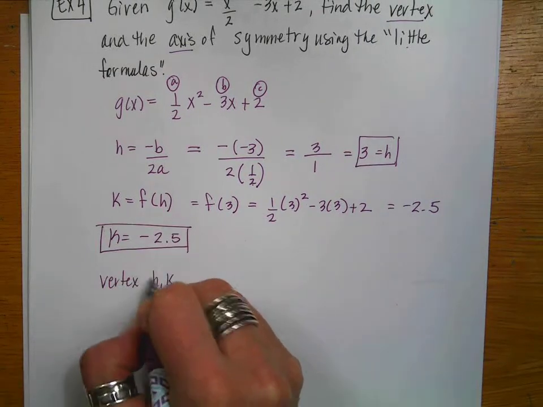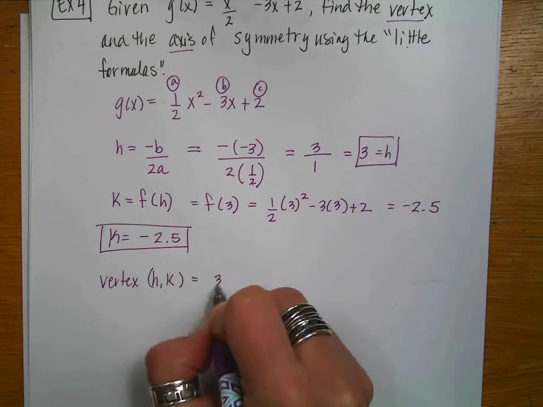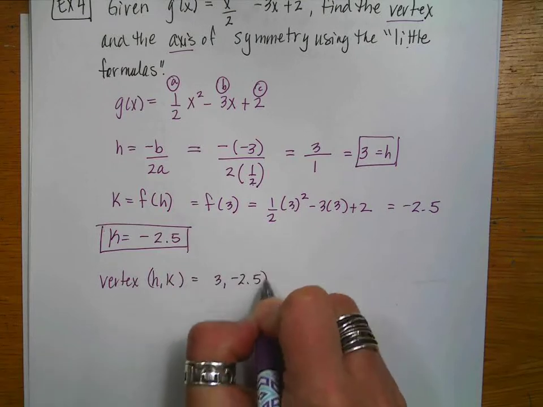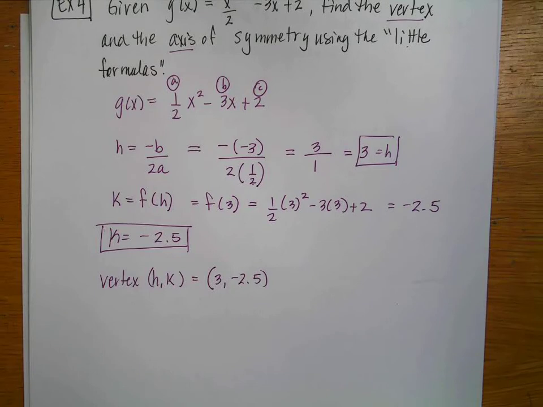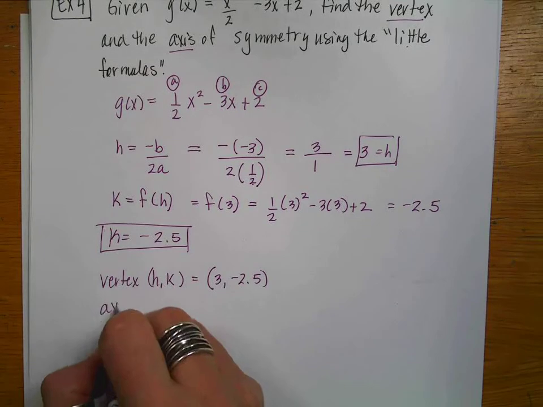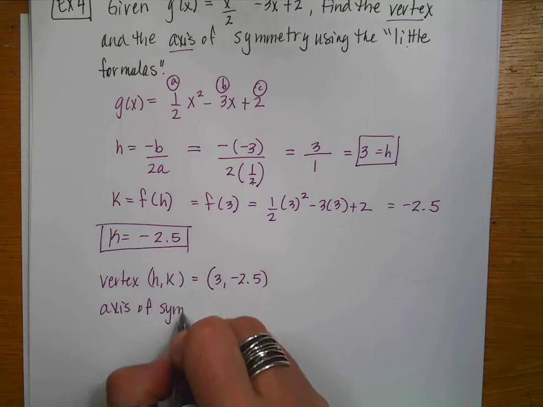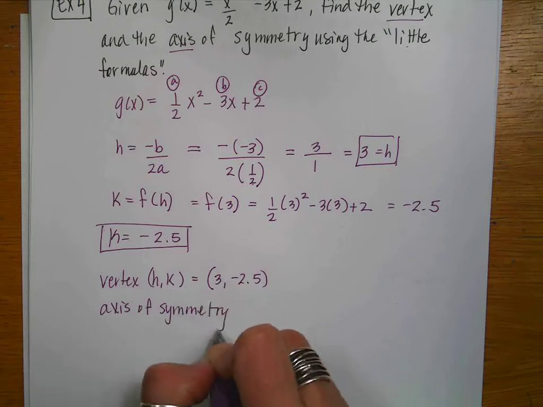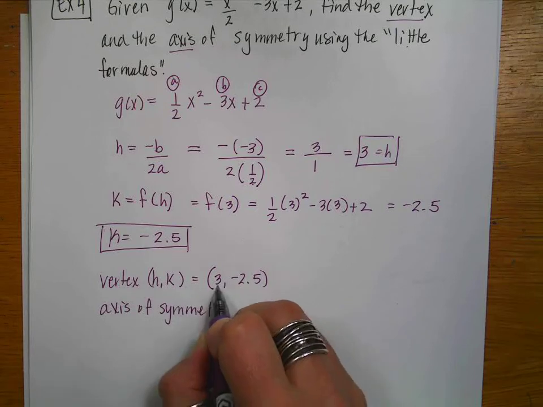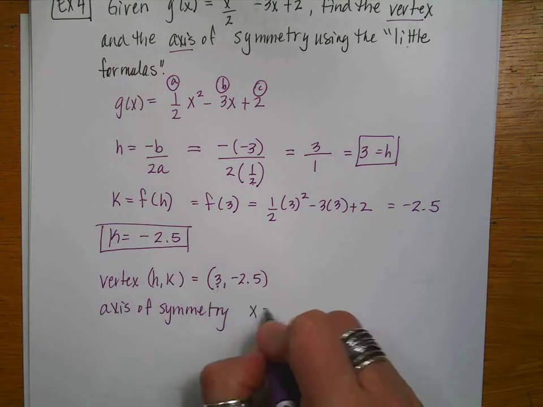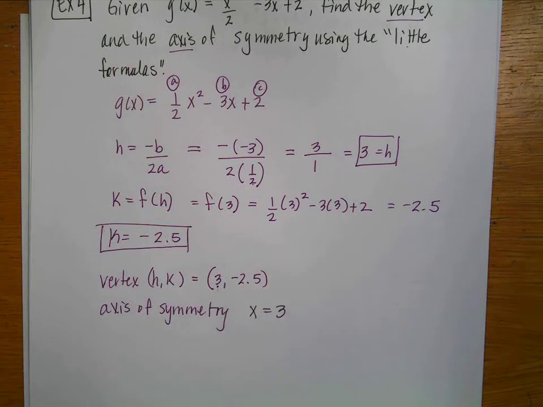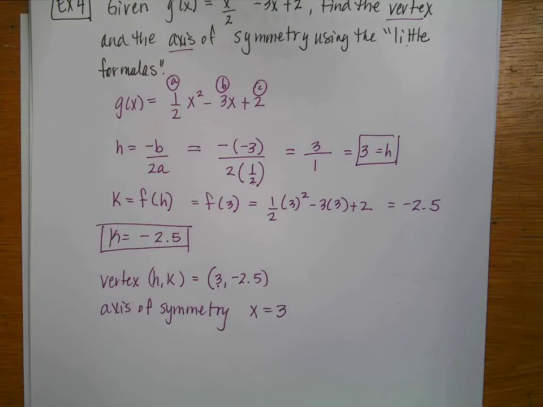So now when I write my vertex, which is (h, k), that's going to be (3, negative 2.5). We put parentheses because it's a point. And then my axis of symmetry is going to be the equation that goes through the x-coordinate, so it's going to be x is equal to 3. Okay? All right, so that is it for those two.